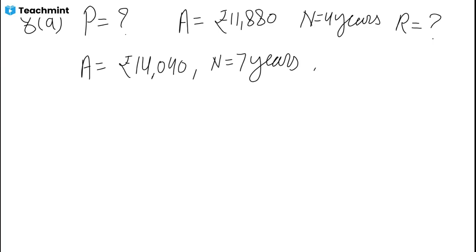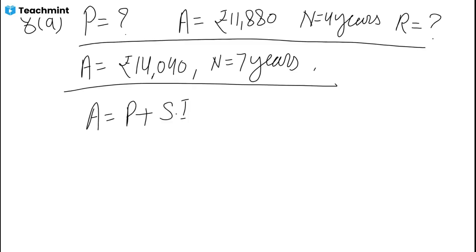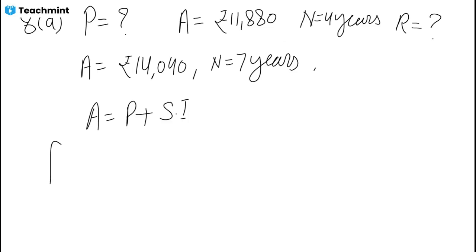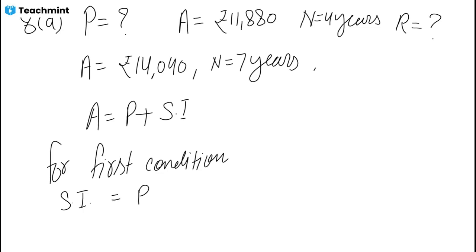So let us form an equation by using the formula of SI. Sorry, amount. Amount we know very well, P plus SI. So we need to find SI for both conditions. For the first condition, SI is equal to P into R into T, where T is 4, over 100.